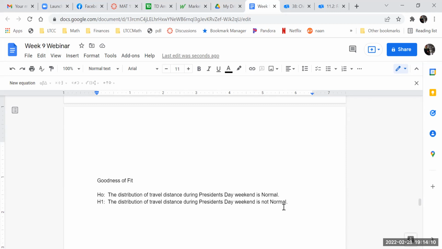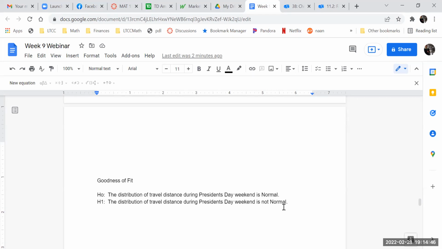Do you see that? That's one of the big reasons to do this test. Because if you get a low p-value, then you cannot assume you have a normal distribution because it's just a stupid assumption. Whereas if you have a very high p-value, then the assumption is not unreasonable. So that's the big purpose of this goodness of fit test for normality.